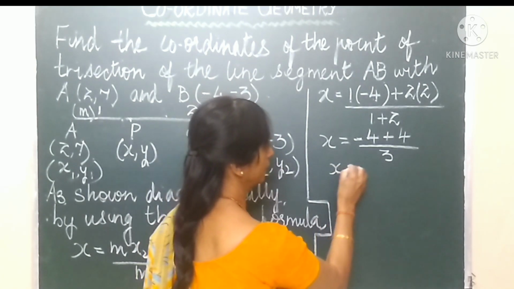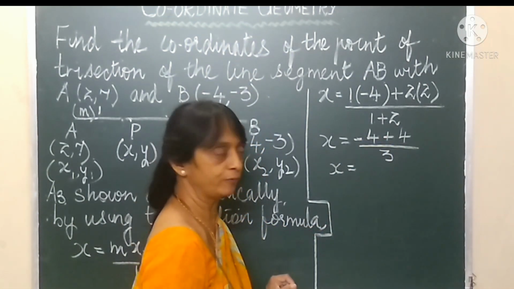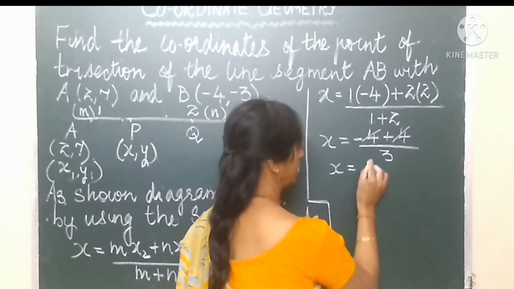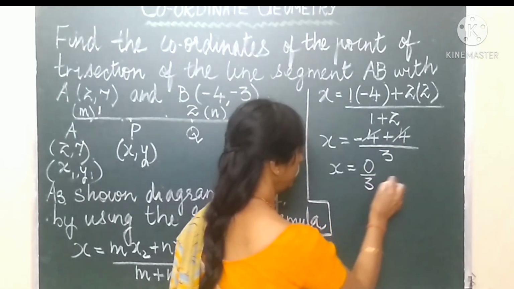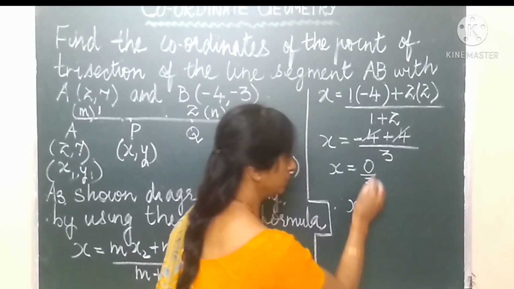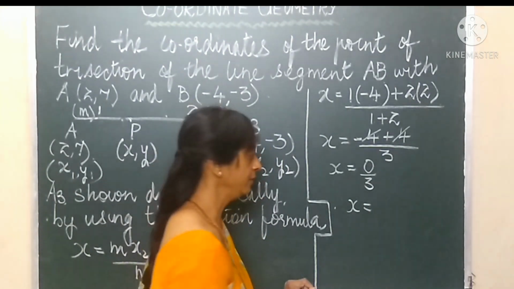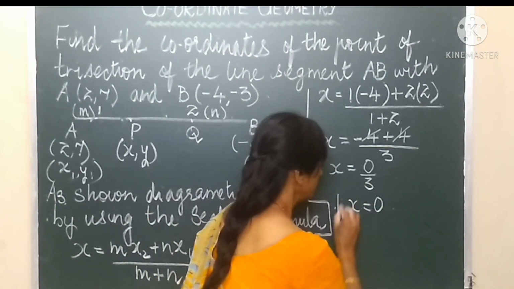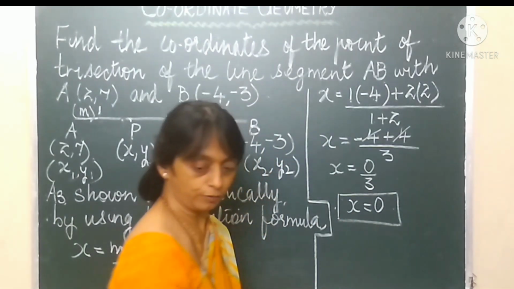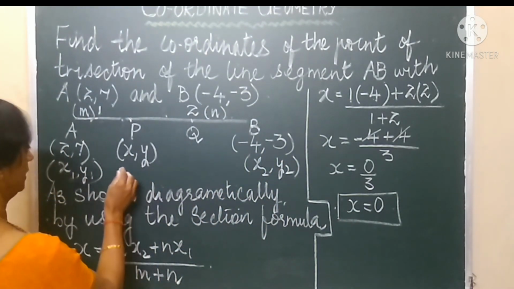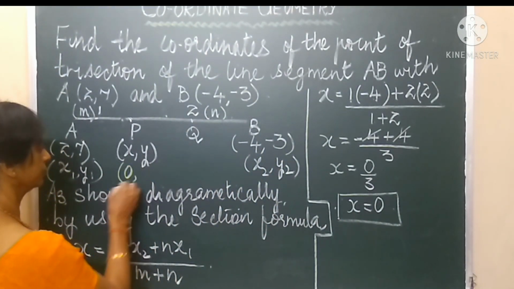So x is equal to minus 4 plus 4 gives you the value 0 upon 3. Thus x is equal to 0 divided by any number, we know children, is equal to 0. So the value of x is 0.